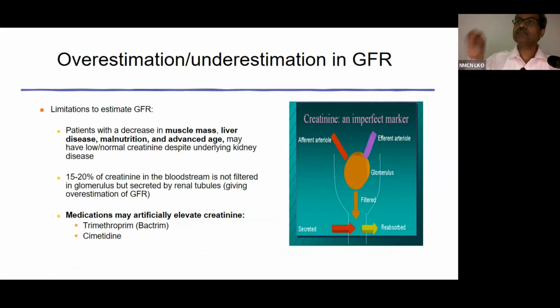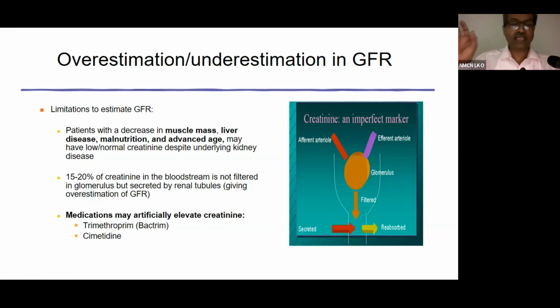So that gives some overestimation: more creatinine clearance than the actual filtration of creatinine which is happening. Why I am talking about this: some drugs inhibit this secretion of creatinine into the tubule, so that will give a falsely high serum creatinine value.